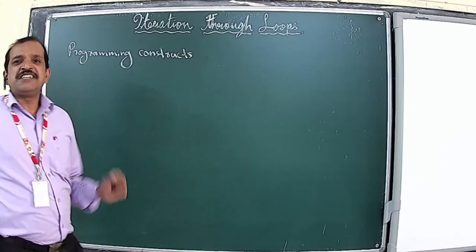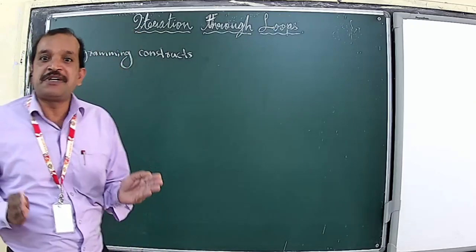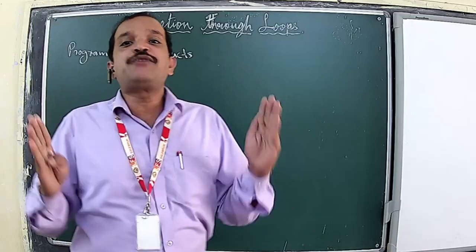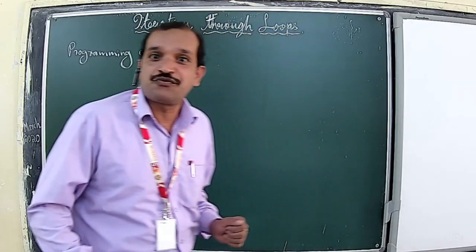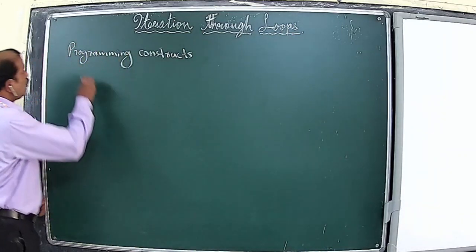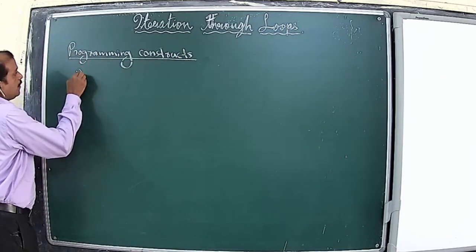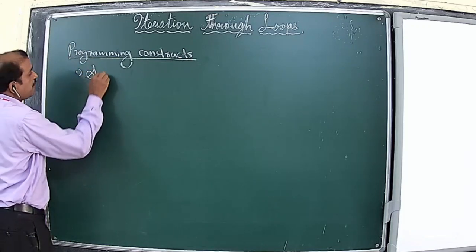So the programming construct refers to the way in which the various statements in Java are executed. Mainly, there are three different ways in which the Java statements can be executed as part of a program. The first way of execution is the sequential execution.